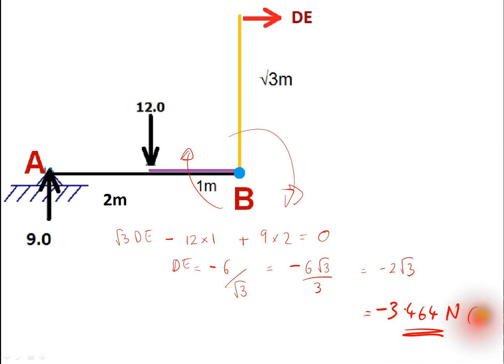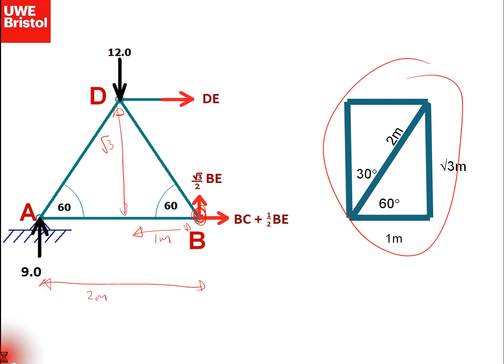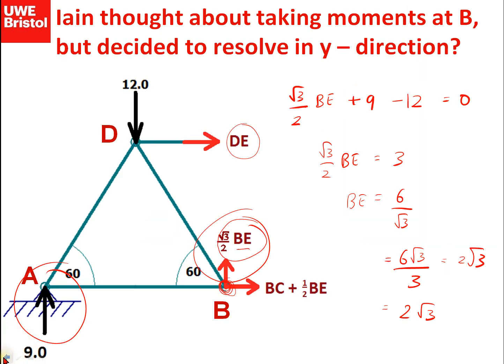So that's in compression. You see how easy it is to make a mistake. Forget your minus sign. And here we end up with the same result, 3.464 newtons, and that's in tension.